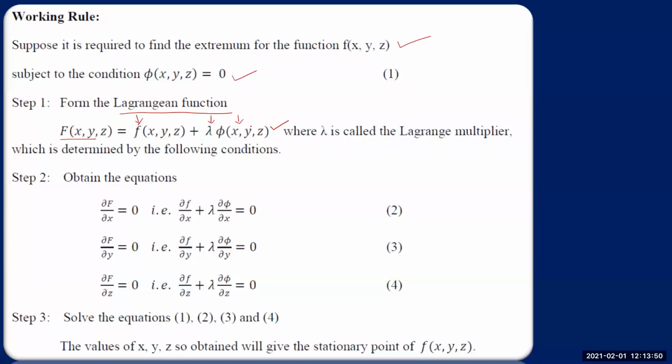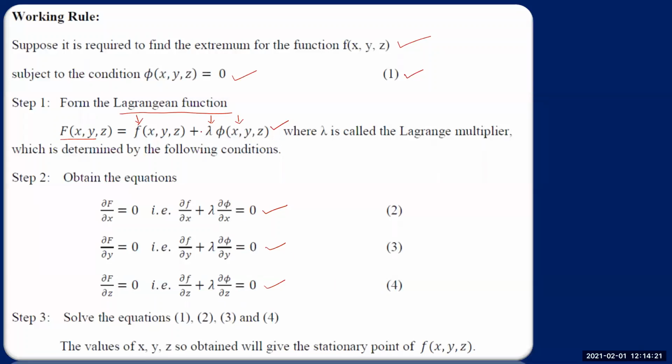Keeping that in mind, as we have 3 unknowns x, y, z originally, we are differentiating this new function capital F with respect to x, y, and z, and then we are also equating these 3 derivatives to zero, right? A very similar thing to what we did in the previous case. Now see, totally how many equations do we have? One equation, the given constraint. And now from these 3 derivatives, we got another 3 equations. And how many unknowns do we have? X, Y, Z.